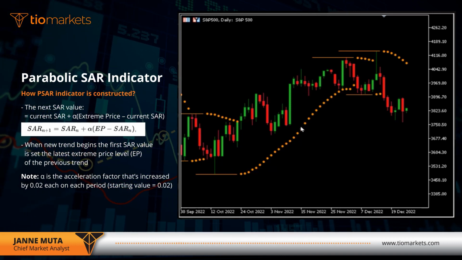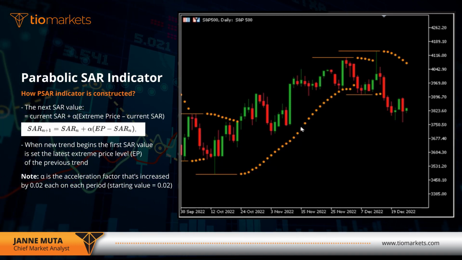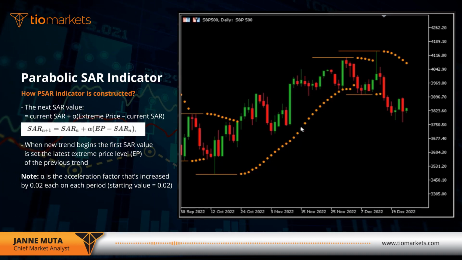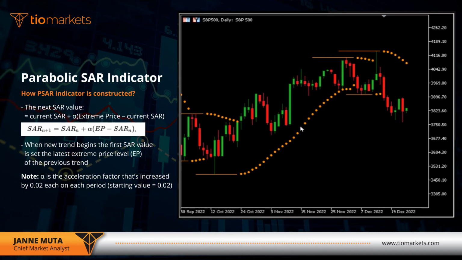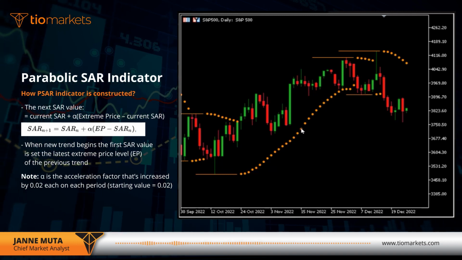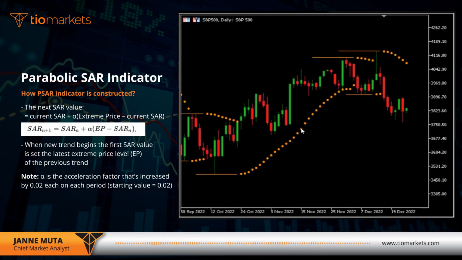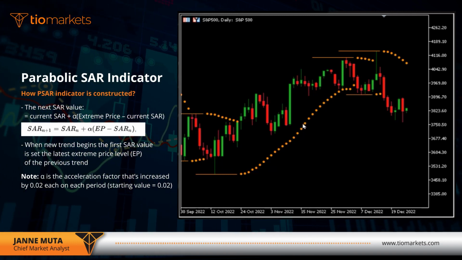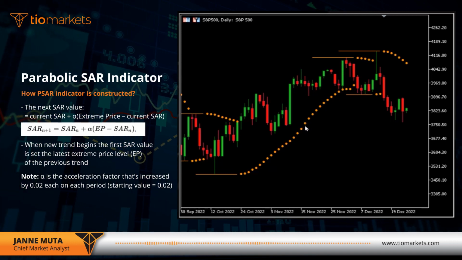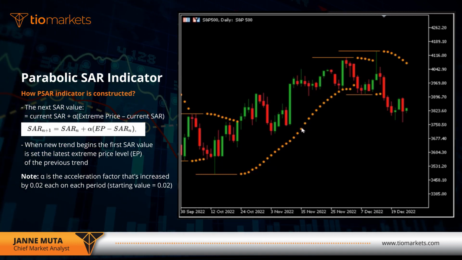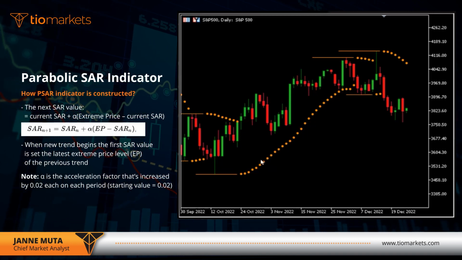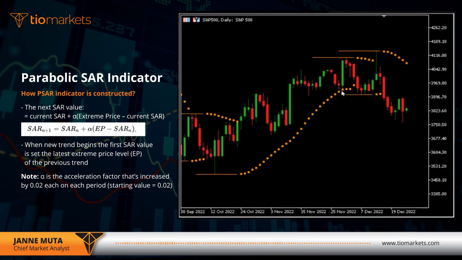Then we multiply this by the acceleration factor and then add the current SAR value. That gives us the next SAR value. Like you can see, it's a little higher than the previous one. And that's how the indicator plots these dots below or above the price.